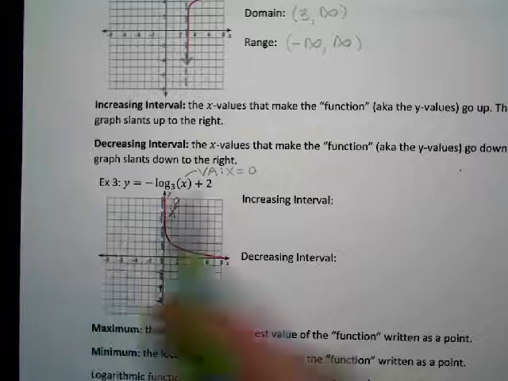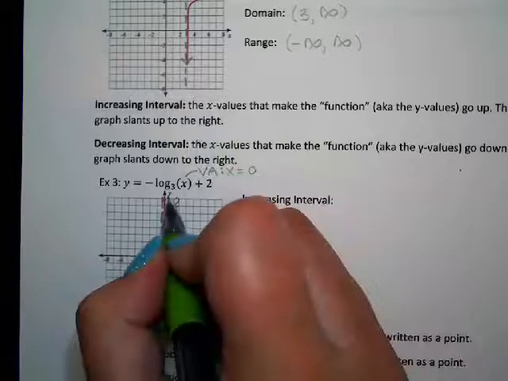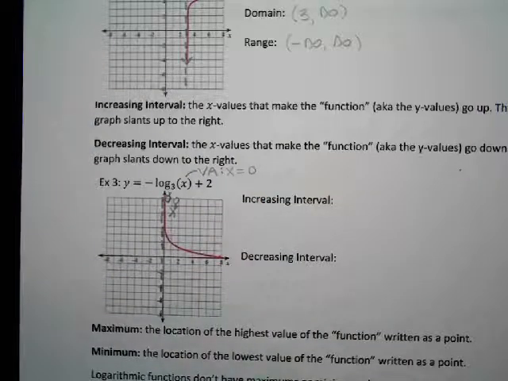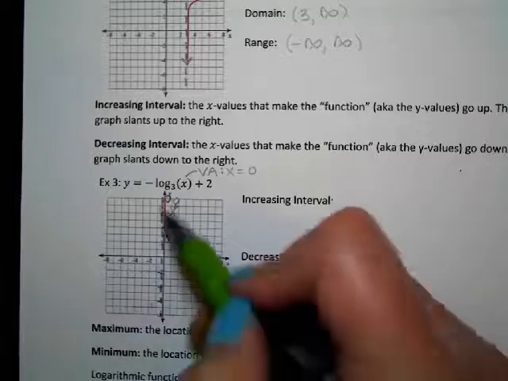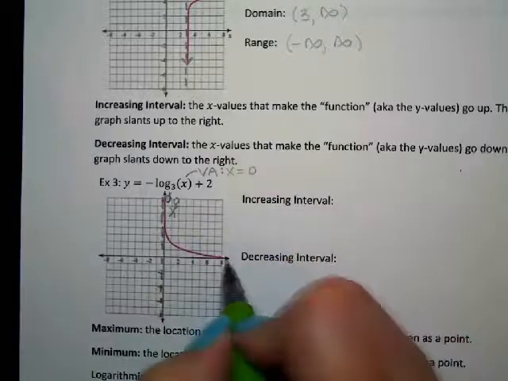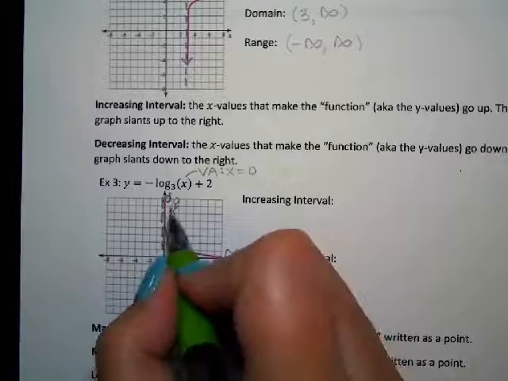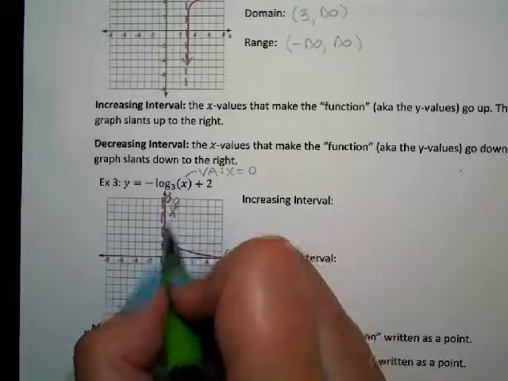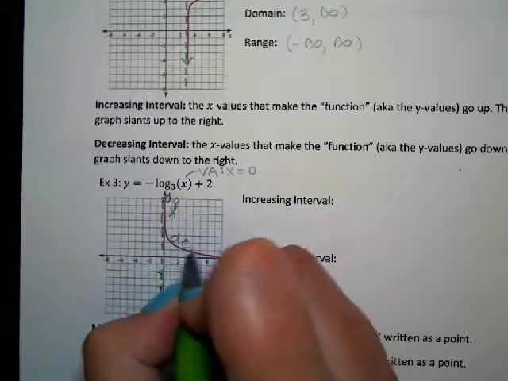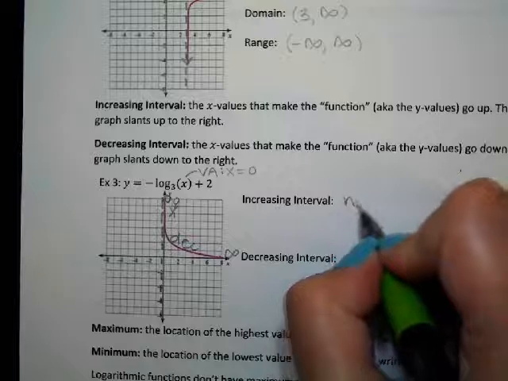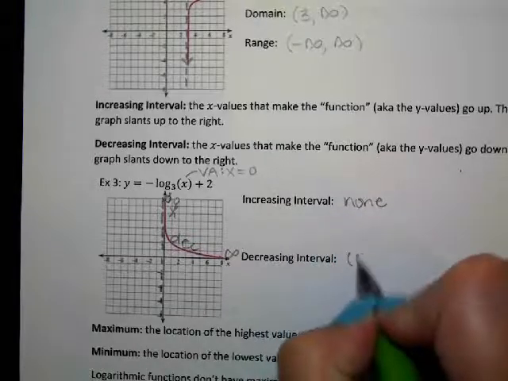So this asymptote is actually stopping at 0. It tried to go left forever, but it couldn't. It's kind of like there's a fence there. And then over here, the graph does go to the right forever, though. And then the stick figure is kind of going down like a big slide. He's like, whee, down the slide. He's decreasing. So the increasing interval is none, and the decreasing interval is from 0 to infinity.